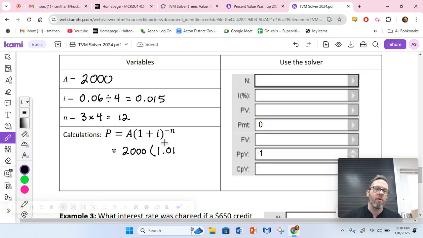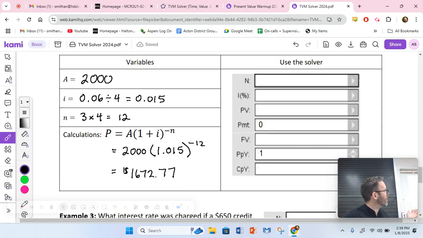So 1.015 to the power of negative 12. So I got 1,672.77.